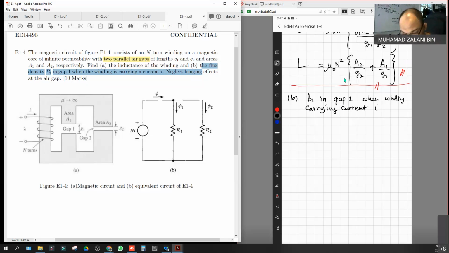So now we want to find B1 when the winding carries current I.